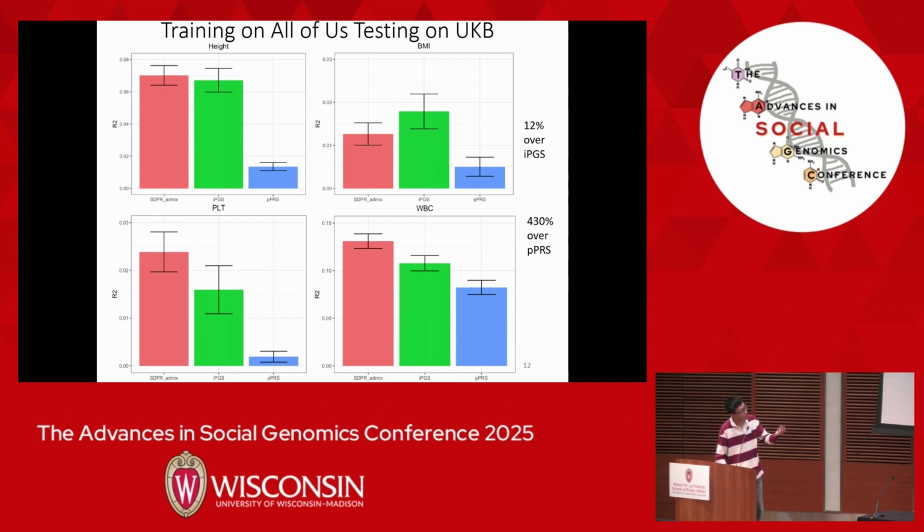Across these 4 traits, our methods perform better for height, platelets, and white blood cell, and IPGS performs better for BMI, but overall there's about 10% improvement over IPGS and about 400% improvement over PPRS. Also, we can see that overall the absolute scale of the performance of each method is better in All of Us compared with PAGE.